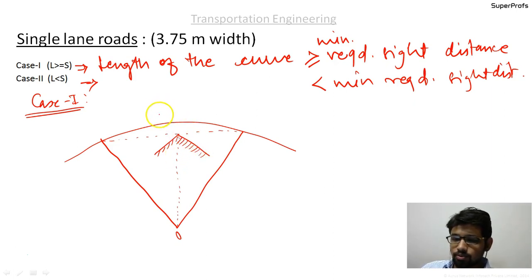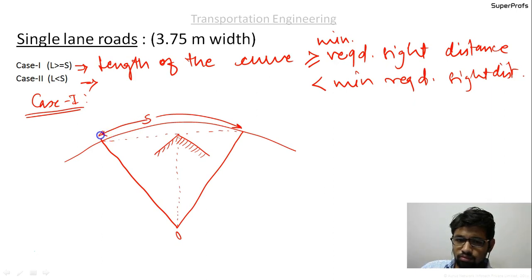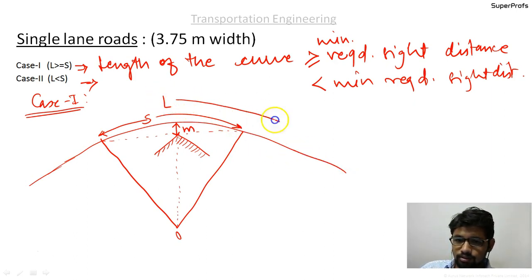So this distance S is the required sight distance, and this distance is the setback distance, and the length of the curve is this.